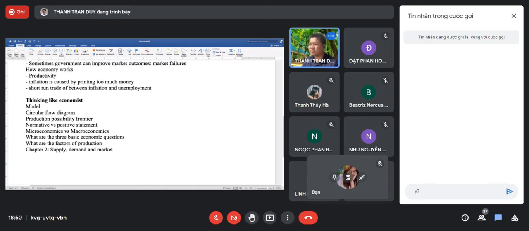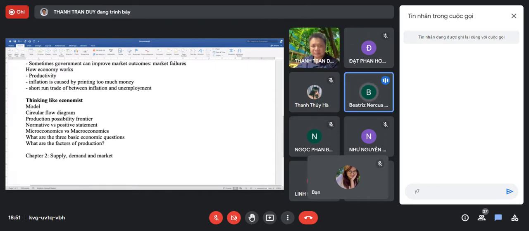What are the four factors of production? Anyone? Land, labor, capital, and entrepreneurship. Exactly, right? Four factors of production.